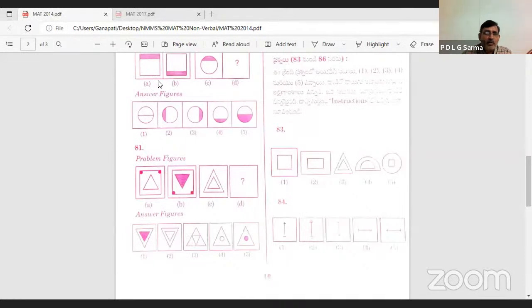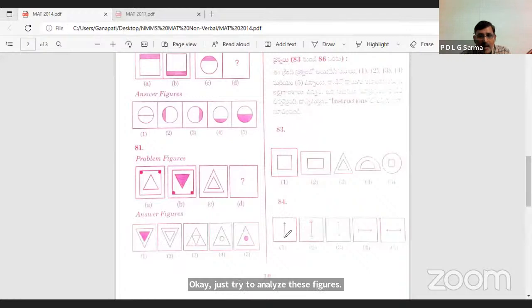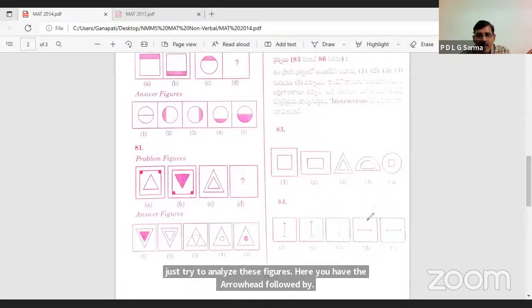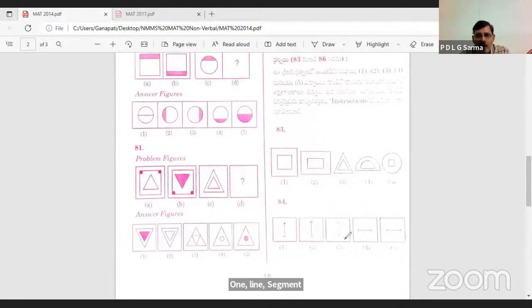Okay, just try to analyze these figures. Here you have an arrowhead followed by one line segment here. And here also an arrowhead followed by a line segment here. Arrowhead here and line segment here. And arrowhead here, line segment here. Whereas in this, you don't find an arrowhead and line segment.